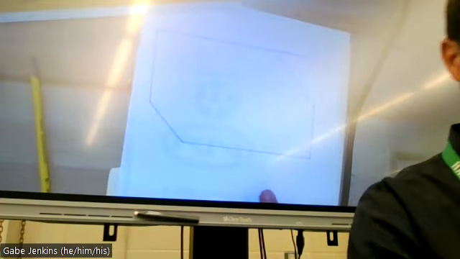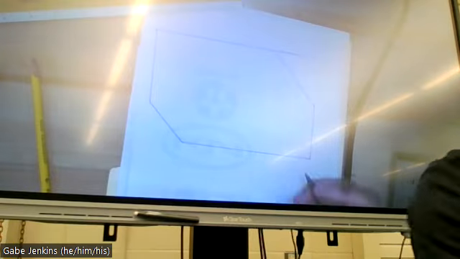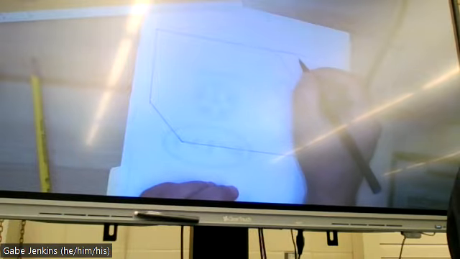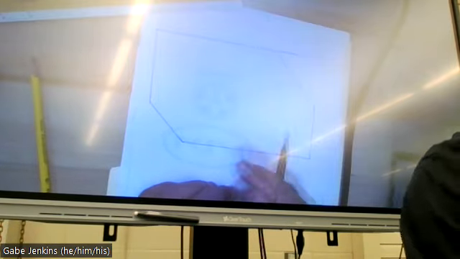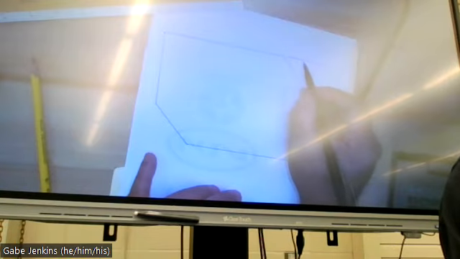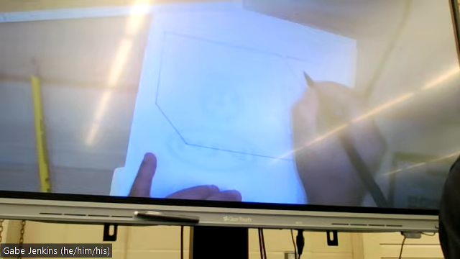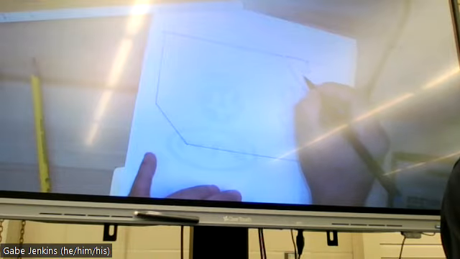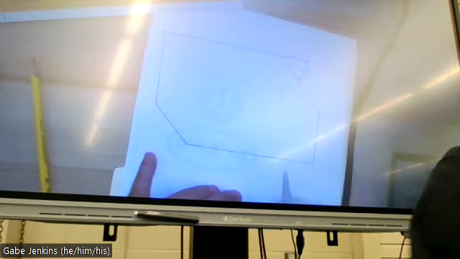Okay, so you can see that. Next, I'm just going to make an arc. For today, we're just assuming that this is a 45-degree angle. So if the measurement from here to here is 45 degrees, I'm going to write 45 degrees and make a little curved line like that.